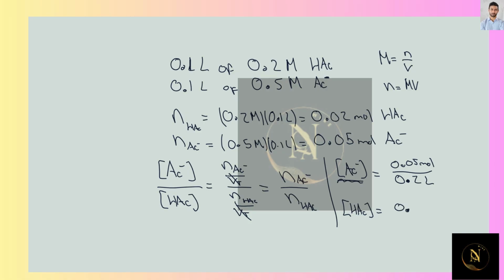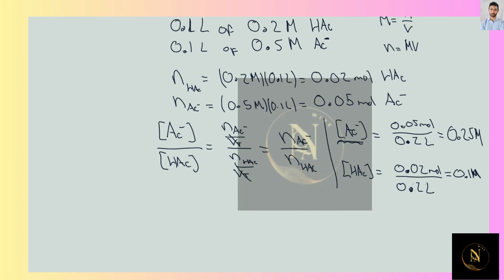And in the case of acetic acid, 0.02 mole divided by 0.2 liters. So the concentrations for each of them would be 0.25 molar and 0.1 molar, correspondingly.